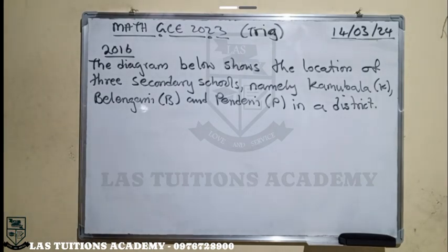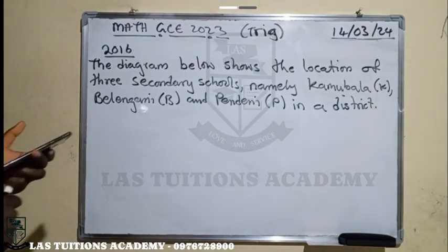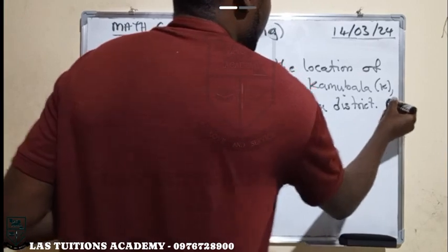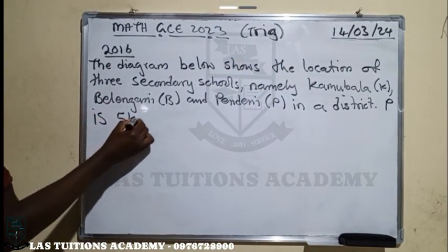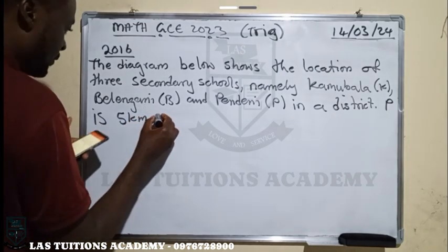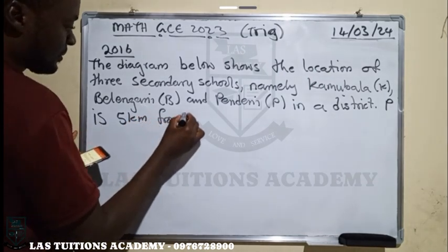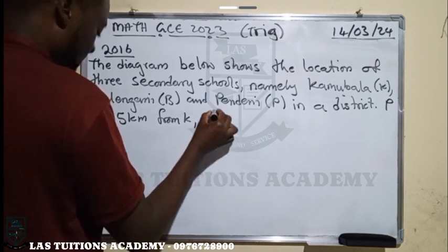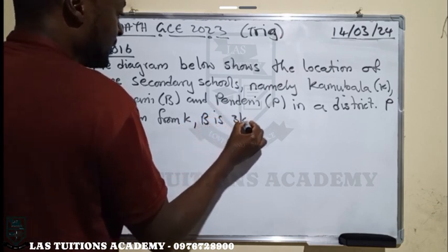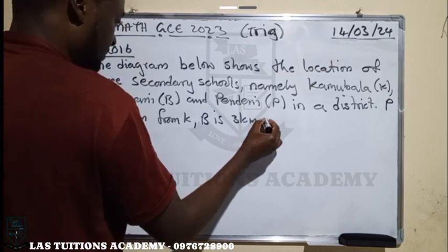Then we are told that P is 5 kilometers from K. B is 3 kilometers from K.